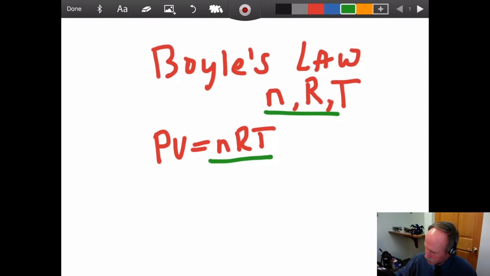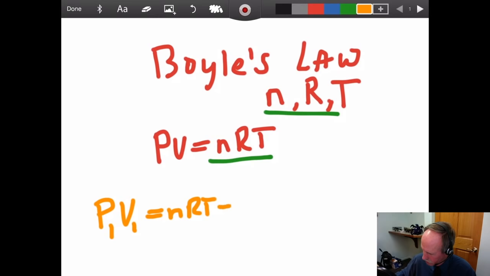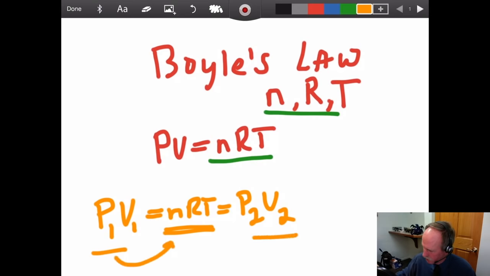So we know that if we get right down to the bottom here, pressure 1 and volume 1 equals nRT equals pressure 2 and volume 2. Does that make sense? Because this right here is the constant, that equals that, and that equals that.